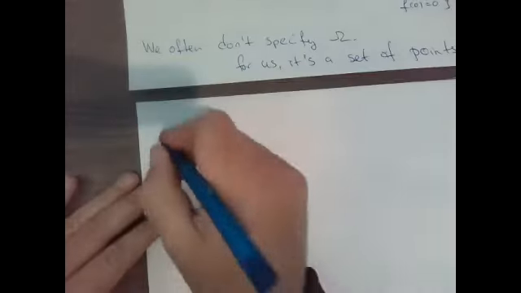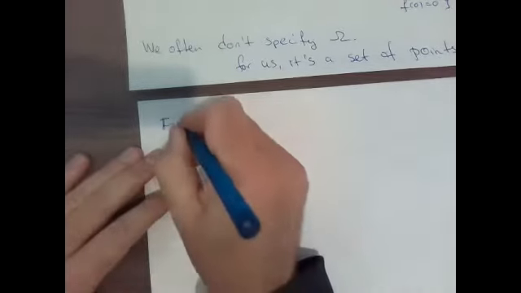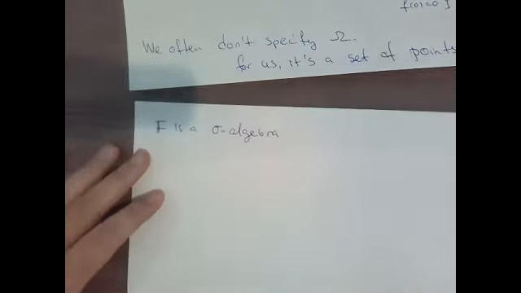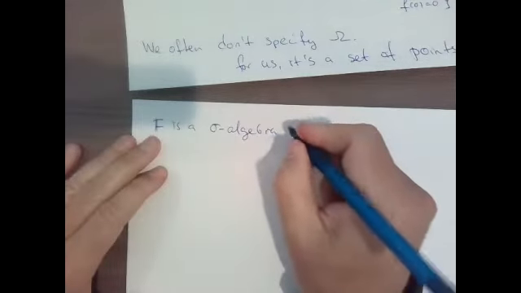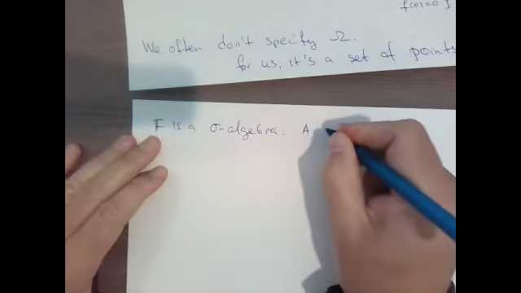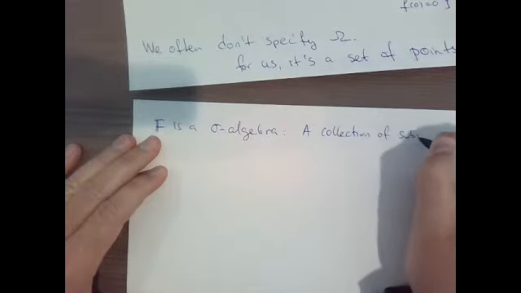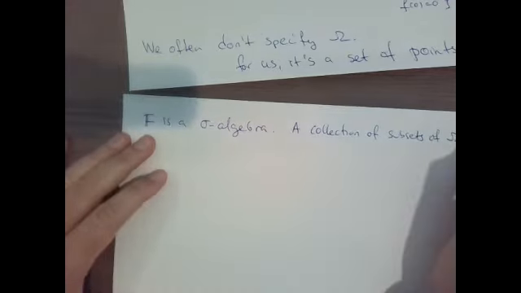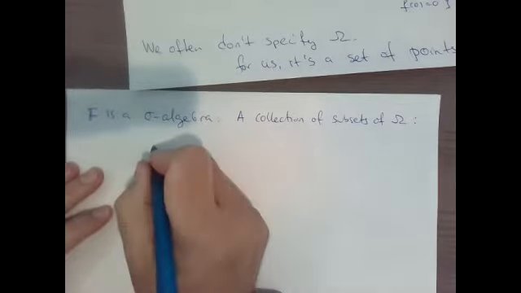Then the second one, F here. This is the more complicated one. This is a sigma algebra. Okay, that is probably a new word. This is a system, a collection of subsets of omega such that, well, 3 conditions must be met.